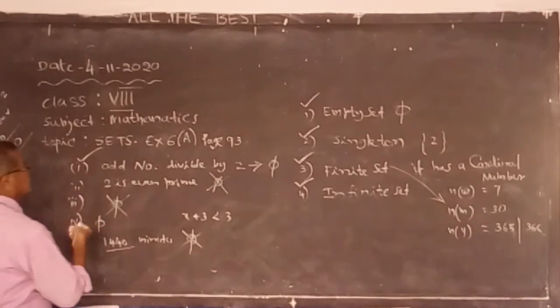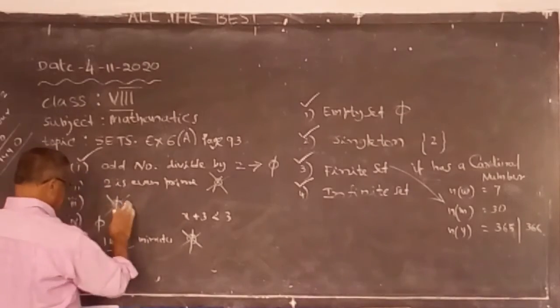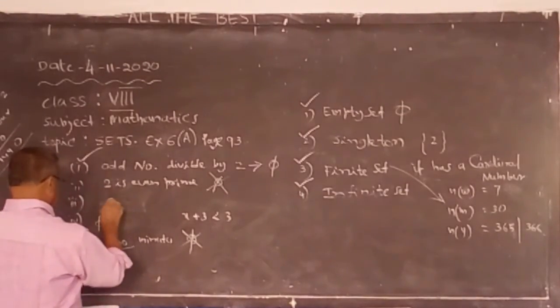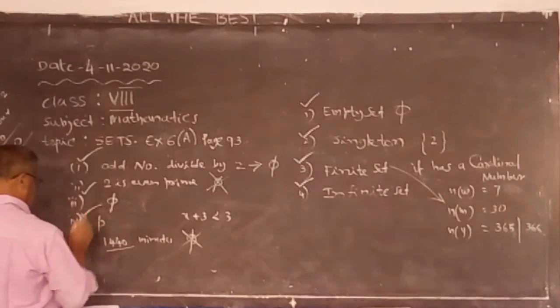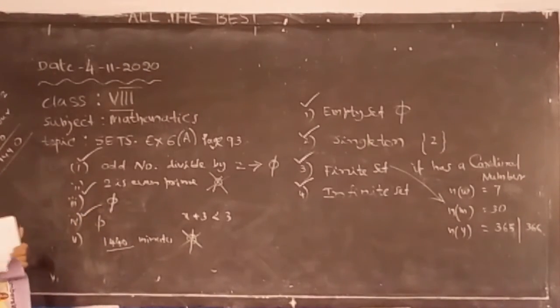We can't find the empty one. This is the empty one, the third, and this 4. So 1, 3, and 4.